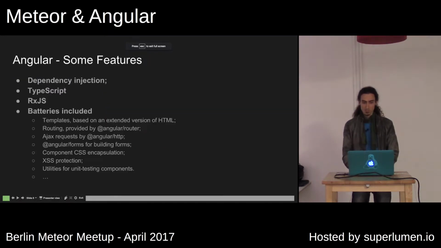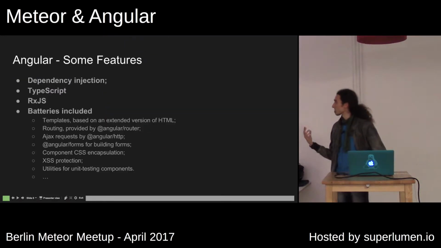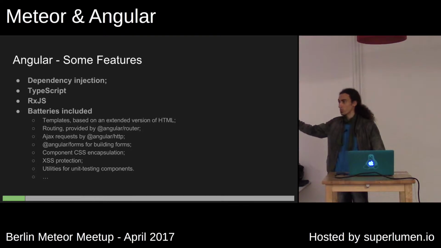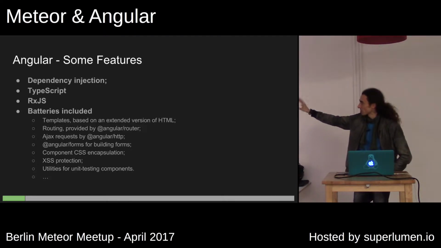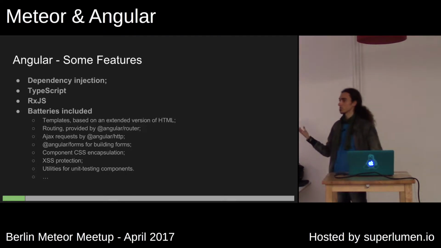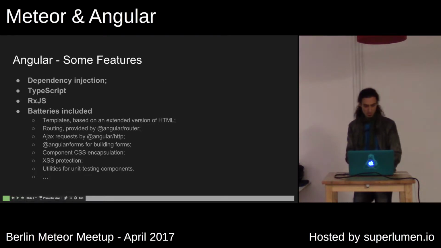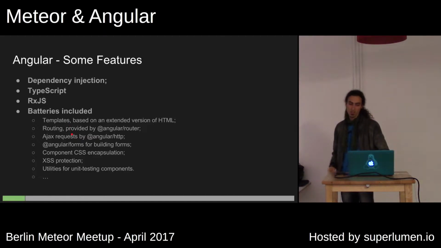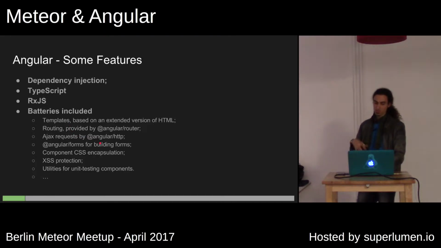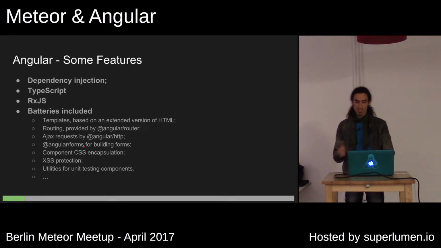Good. So some features I purposefully gave just a little snapshot. I'm referring to this batteries included stuff here. So you have the whole thing. You have the router. You have HTTP calls to some backend. You have a form builder. You have security features, yada, yada, yada.